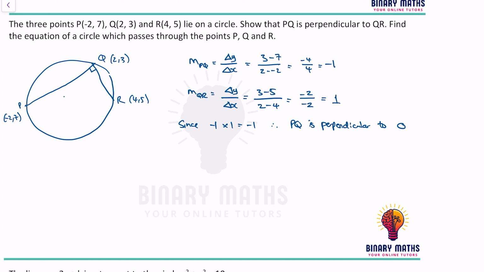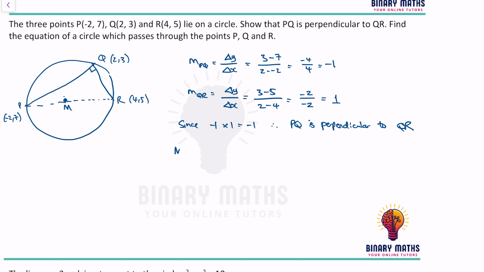to QR. Now, because we know they're perpendicular, then as part of the circle theorem, that means that P to R must be the diameter. So the first thing I need to do is find the center of this circle, which means I need to find the midpoint, M, so here.